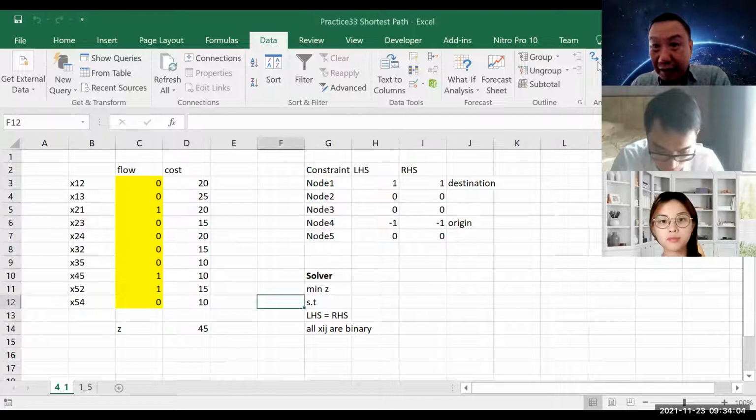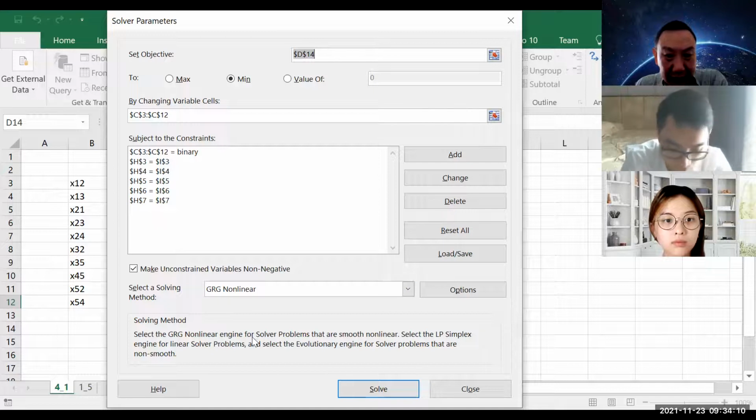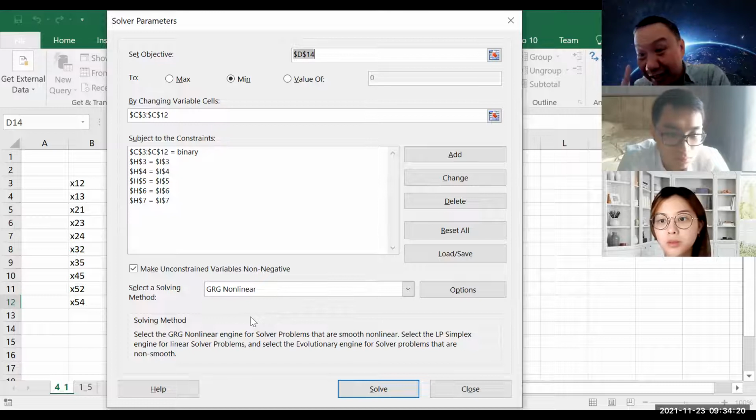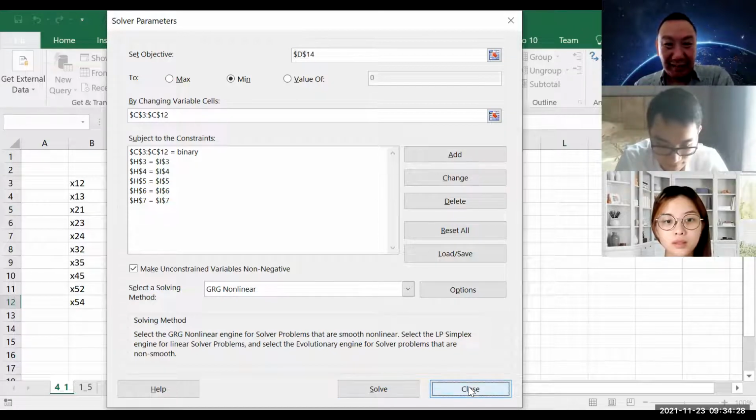I think Excel is telling the name. There, the name is GRG nonlinear. So GRG nonlinear is basically similar to Newton-Raphson. We discussed Newton-Raphson, remember?